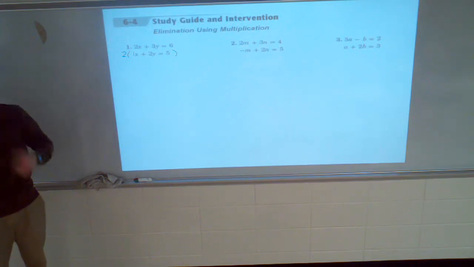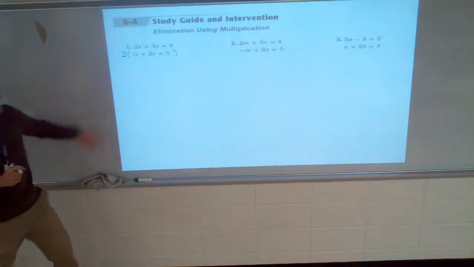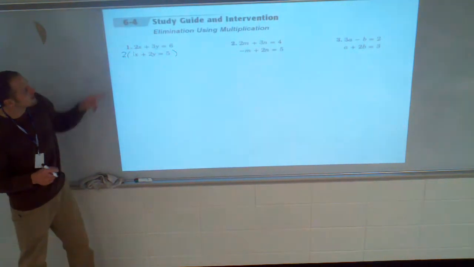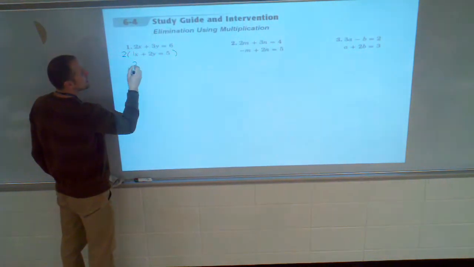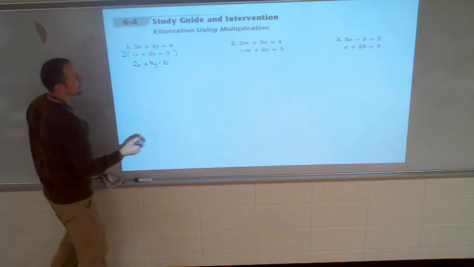Don't miss this next 5 minutes, otherwise you're going to be lost for the next 3 days. I need to multiply this bottom equation by 2 so that my x's will be the same and they will cancel. So, down here, this is going to be 2x plus 4y equals 10.